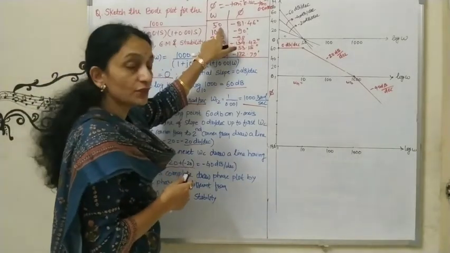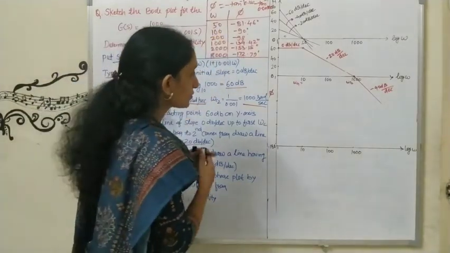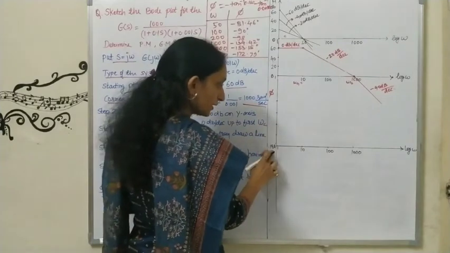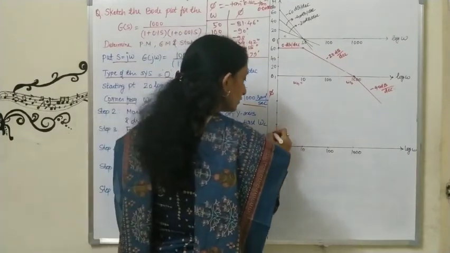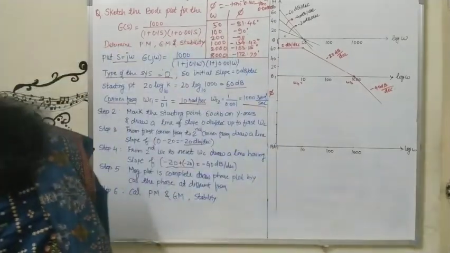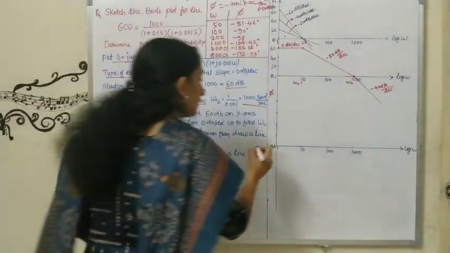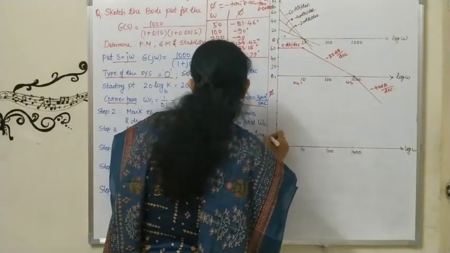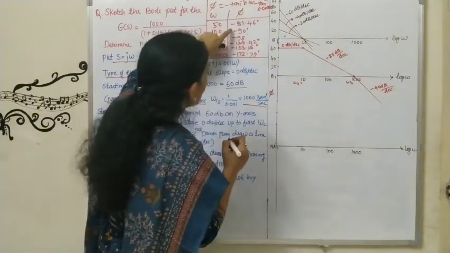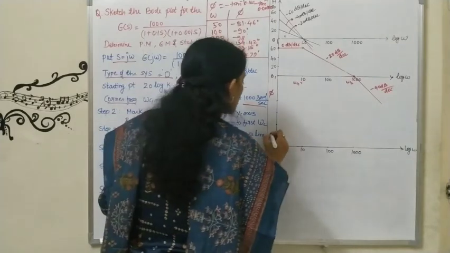For omega equal to 50, this is actually the phi. Here I have taken minus 180 degrees, but it depends on you how you select the scale. I am selecting it like this because I know the angles here.